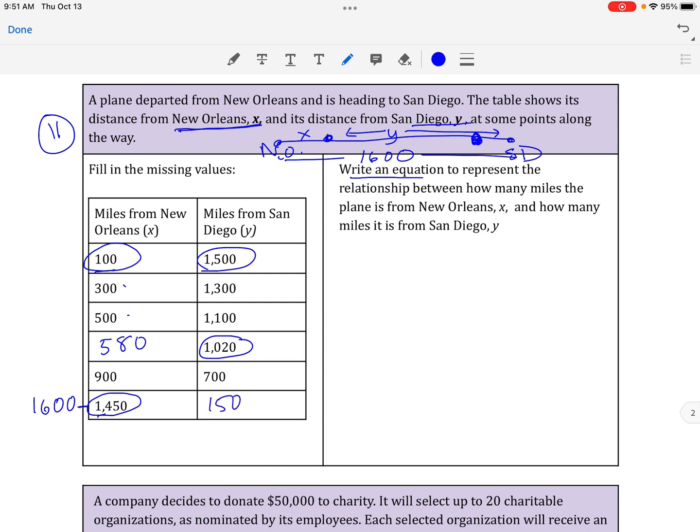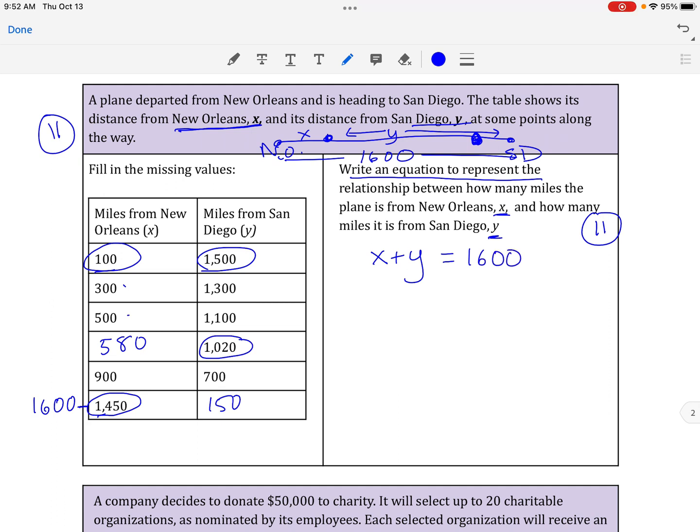So now, writing an equation to represent the relationship between x and y, miles from New Orleans and San Diego. I encourage you to pause and write your own equation. So one equation, we could express it like this. One distance plus the other is always equal to 1,600.